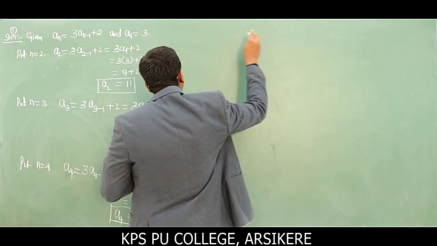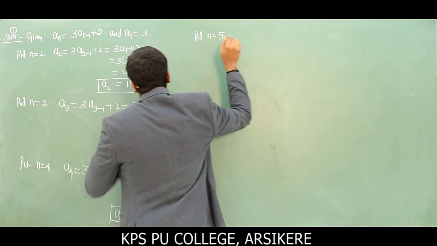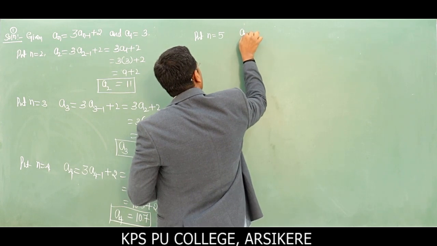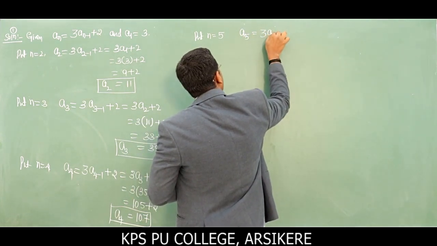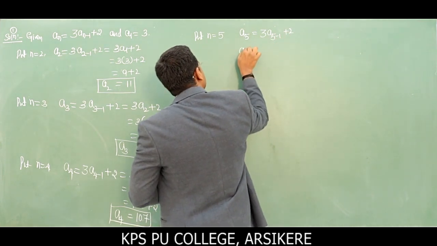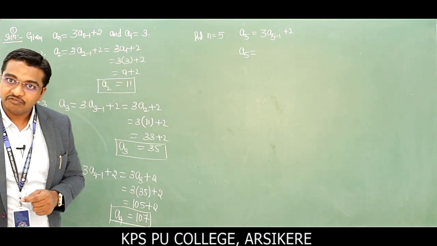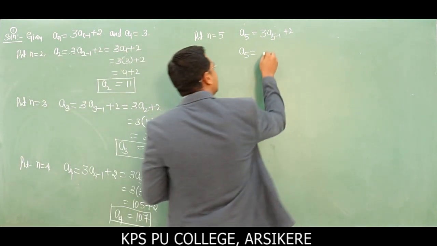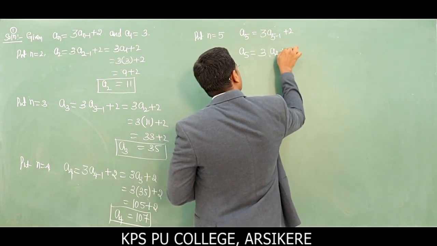Substituting n is equal to 5. Put n is equal to 5 for the term: a5 is equal to 3 times a5 minus 1 plus 2. Look, 5 minus 1 is 4, so 3 times a4 plus 2.